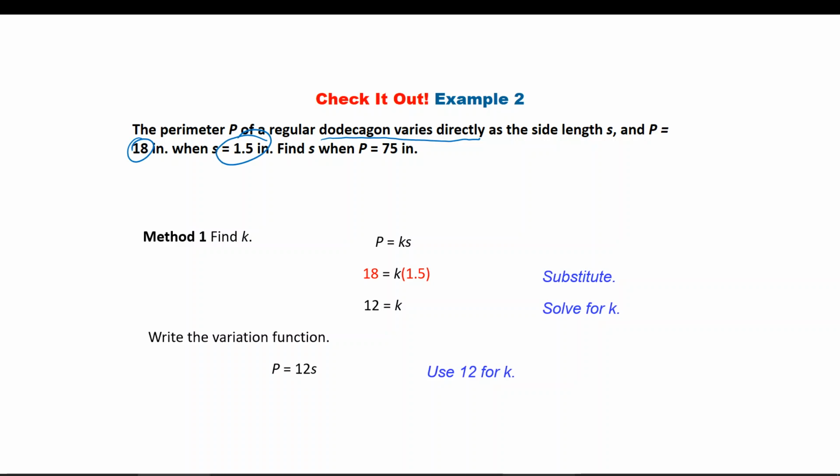Now the question says find s when p equals 75. So in place of p, we're going to substitute 75. It says find s, so we're going to divide both sides by 12. And when we do that, we get s equals 6.25 approximately.